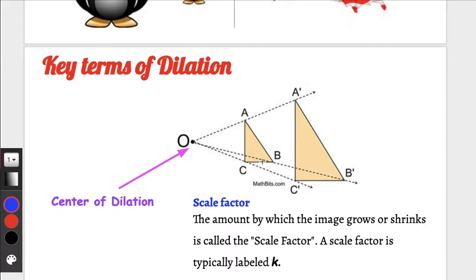We can use the scale factor to see how much it is enlarged. Is it getting 2 times bigger or 3 times bigger, or just half the size? This kind of number you hear is called the scale factor.